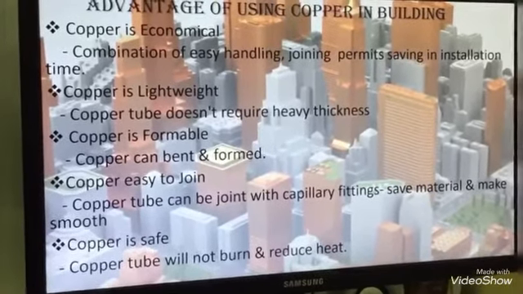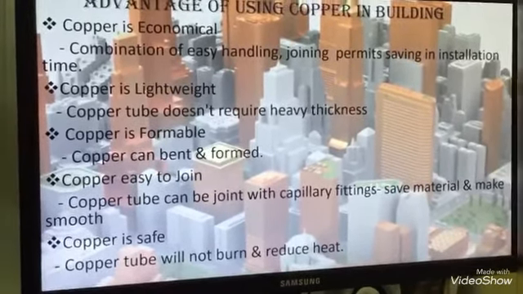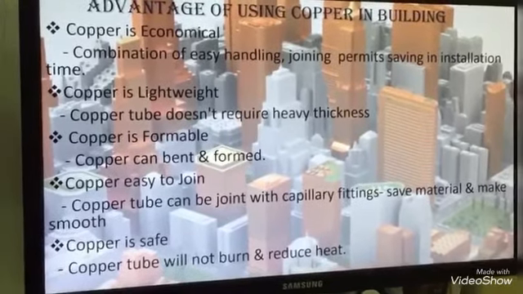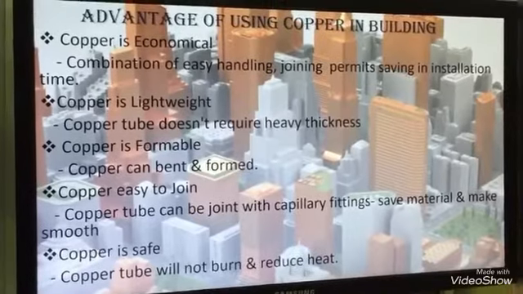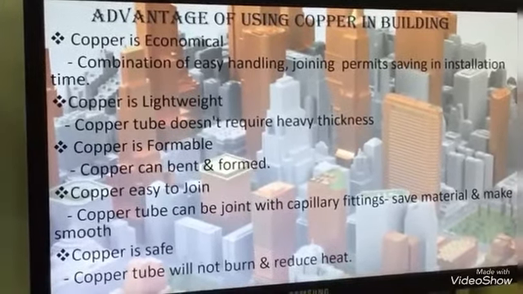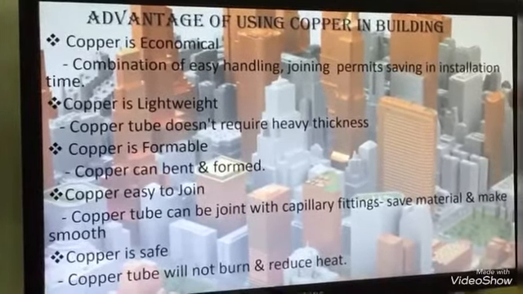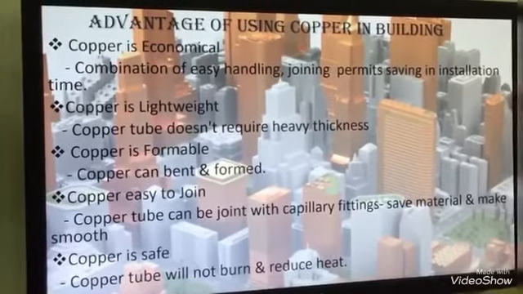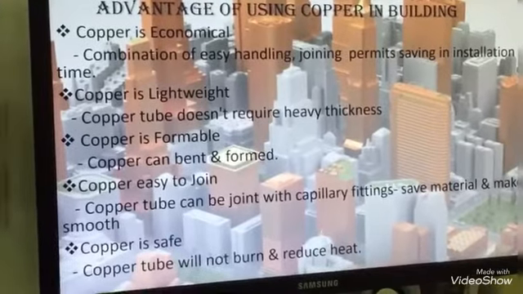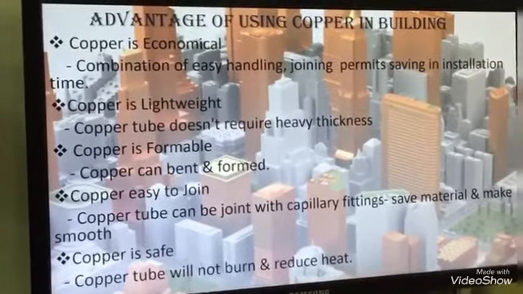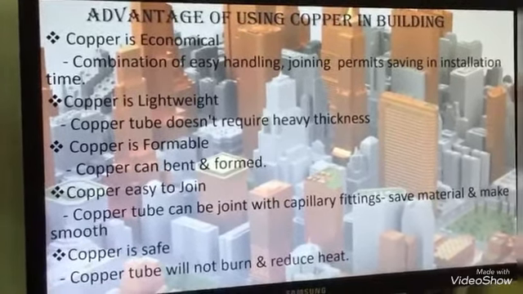The last is that by using copper in our built environment, it can reduce heat energy. By using copper material, there are a lot of benefits for us, and the main important advantage is that it can save construction cost. It is one of the good materials for reducing heat.